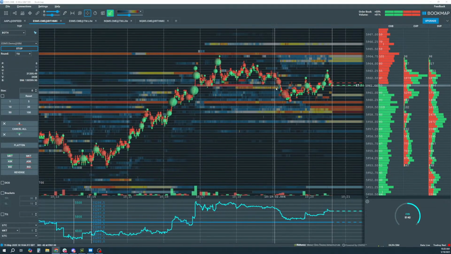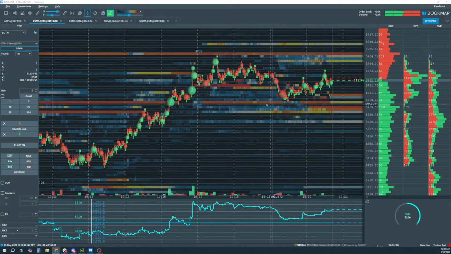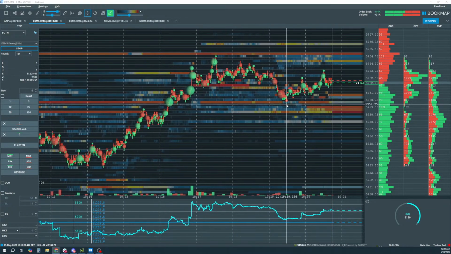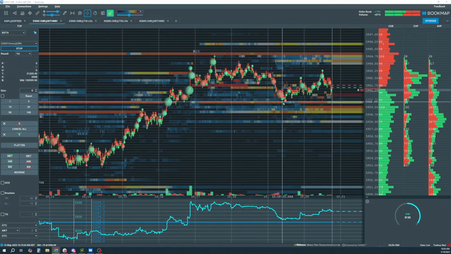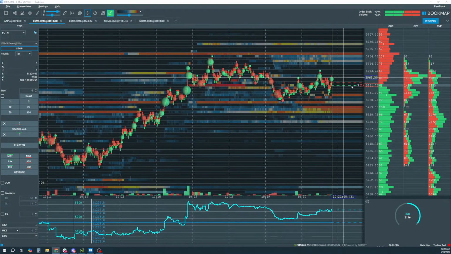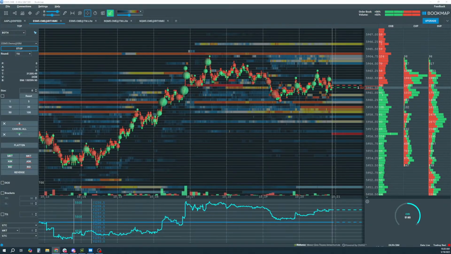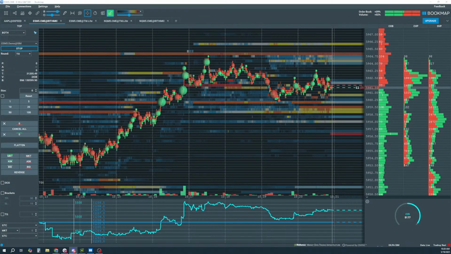Okay, so that's what we're looking for in here, and that would be quite a strong setup, I think, if we can get that passive accumulation in here, and I don't see it yet. So I'm looking for some chop, basically, in this little zone here. All right, hope that makes sense.